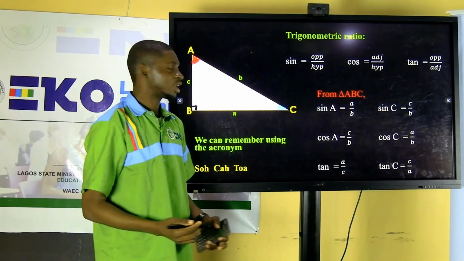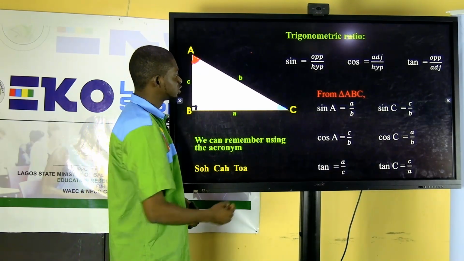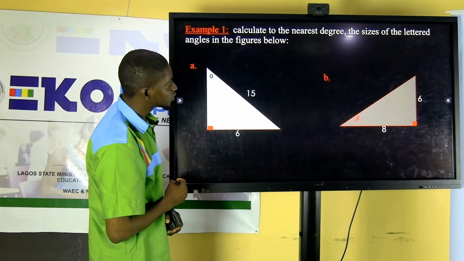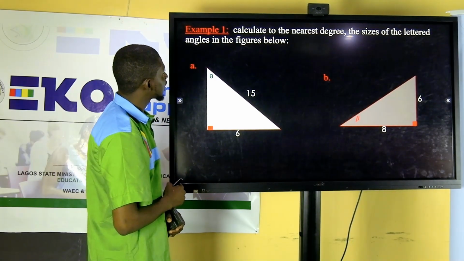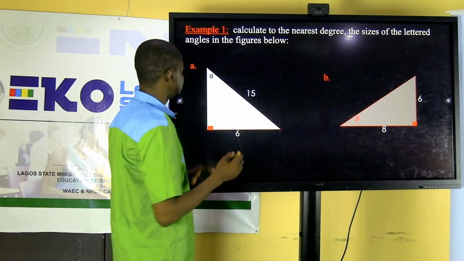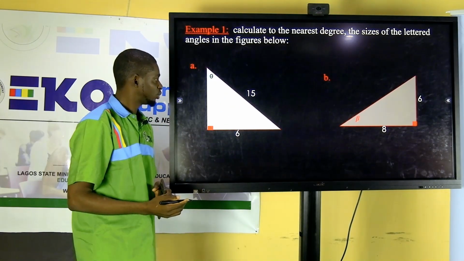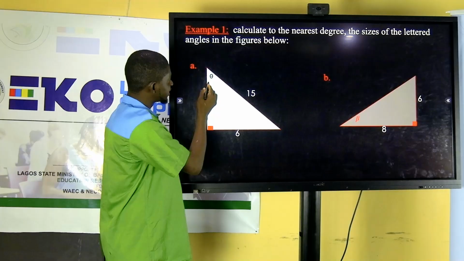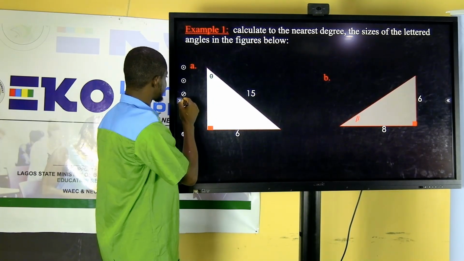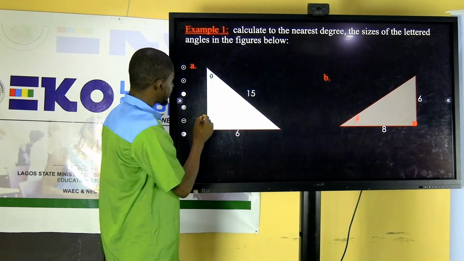All right, so let's take a few examples to master the concept of trigonometric ratio. We have this problem: calculate to the nearest degree the size of the lettered angles in the figure below. So we want to find, to the nearest degree, the size of this angle. Look at this.